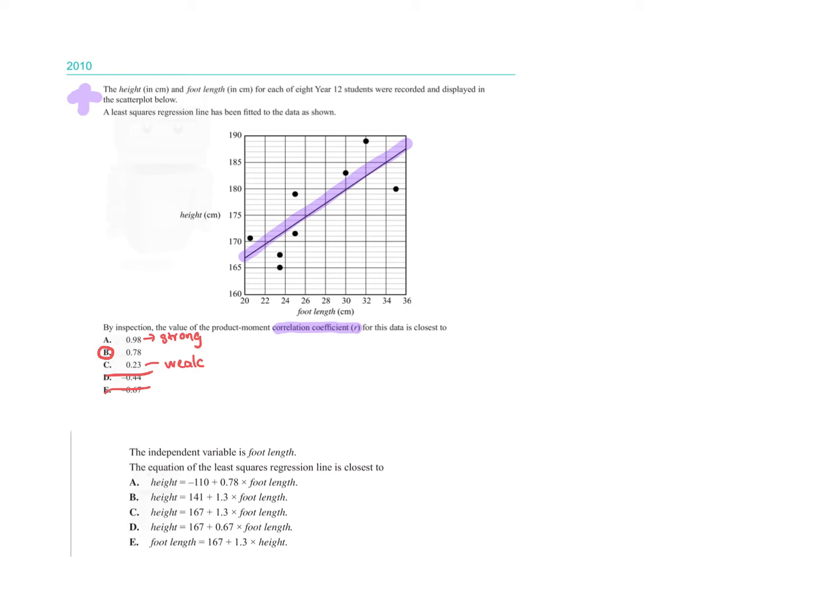Here they've used the independent variable again, where we like to say EV now, explanatory variable. The equation for this regression line is closest to. So first of all, we need to see one that says height, so we'll get rid of that. Now also, if we want to be quick, we can see that this down here is not the y-intercept because it's 20.